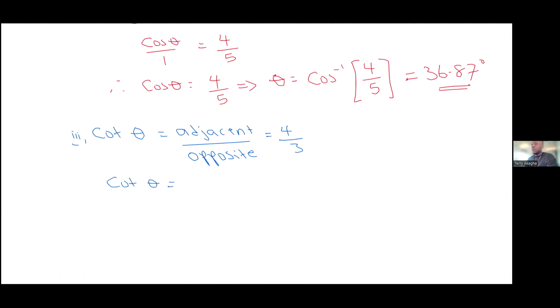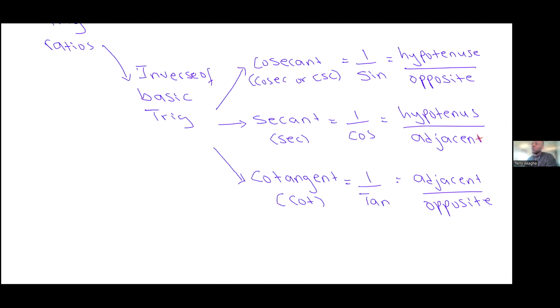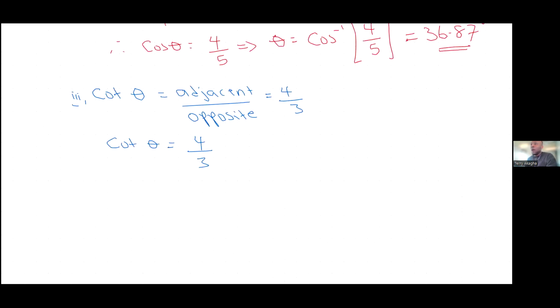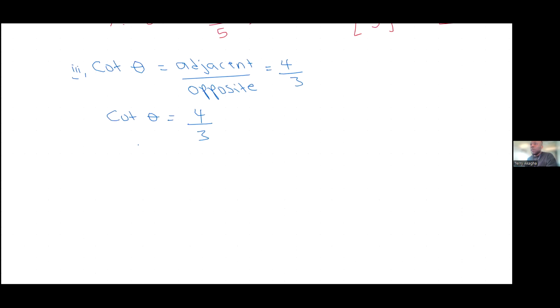So I can now say that cot theta is equal to 4 over 3. Now, we can't press cot theta in your calculator, so we go back and see what cot theta represents. Cot theta is 1 over tan. So I can write this again as 1 over tan theta equal to 4 over 3.